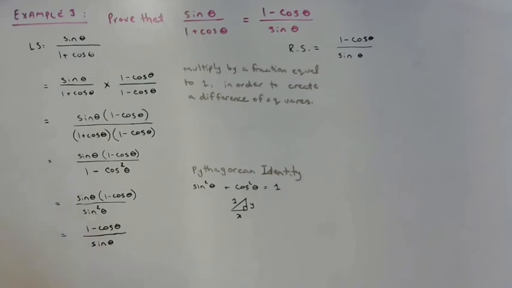And they're equivalent. Left side equals right side. Therefore, go back up to the beginning: sine of theta over 1 plus the cosine of theta is equal to 1 minus the cosine of theta over sine of theta.